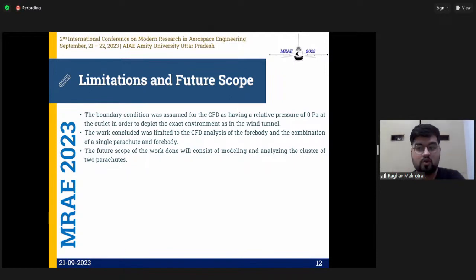But if two parachutes are there, it will create more drag, and it will make it easy for the astronaut to land. But the main catch here is if two parachutes are there, they might entangle between them, and it might come down as a free falling body. So that is one limitation.